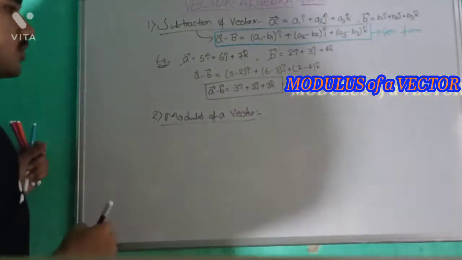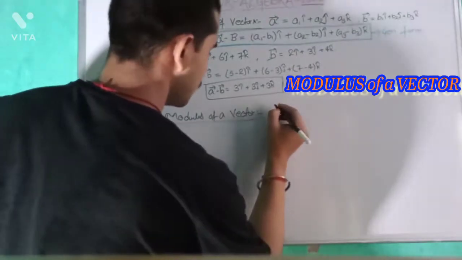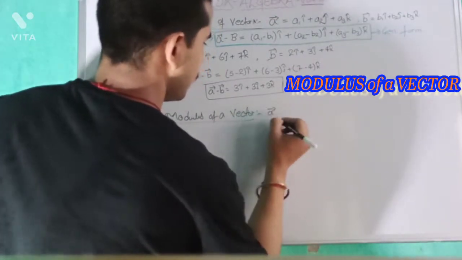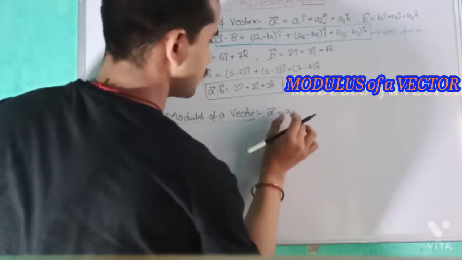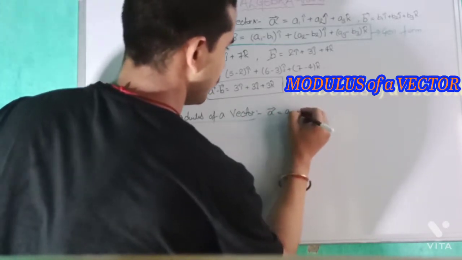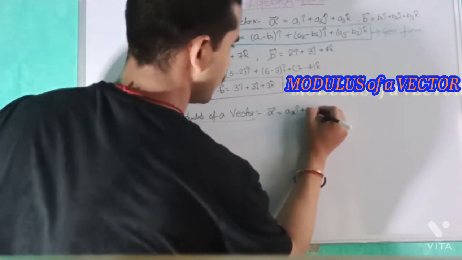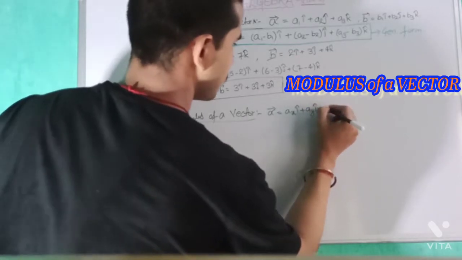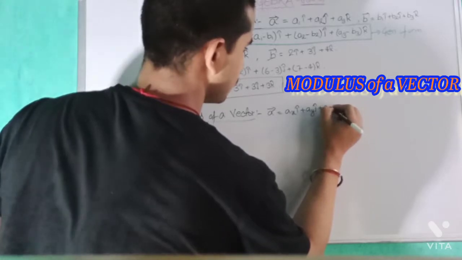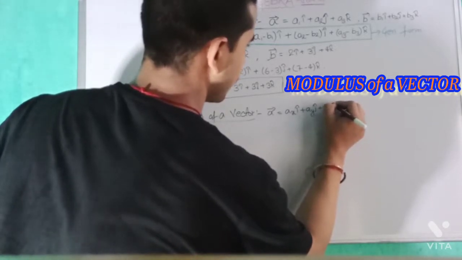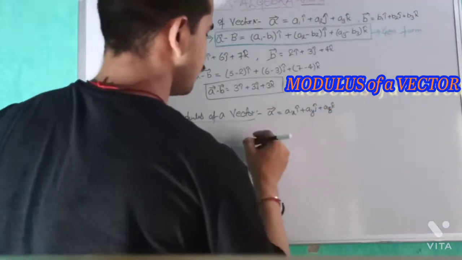In modulus of a vector, what we do actually, if we have a component like this, then a cap is equal to ax I cap plus ay, as its y component, j cap plus az, as its z component, with k cap in the direction of z. So trying to find out its modulus.